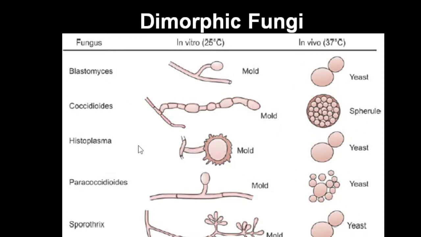Some of them, for example Coccidioides, may form in human tissues a structure called a spherule, which is packed with spores, where each spore cell is an individual organism. Later on we will take a look at human tissues with this spherule.